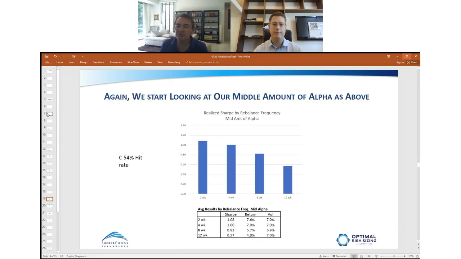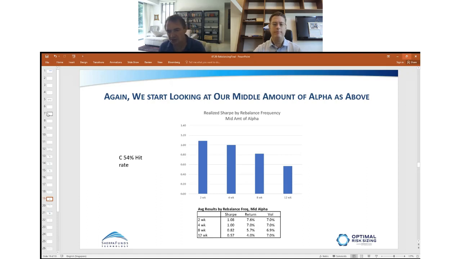In the middle, which was the original portfolio, I remember, is a 54% hit rate over the full set of decisions. This data is run over several hundred simulations across a year's worth of deciding, so there's a lot of underlying data here. It's a stable result set.